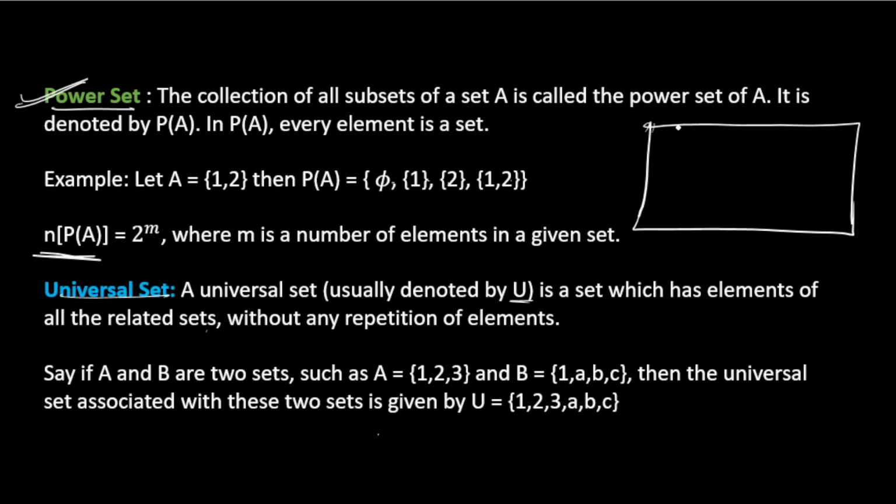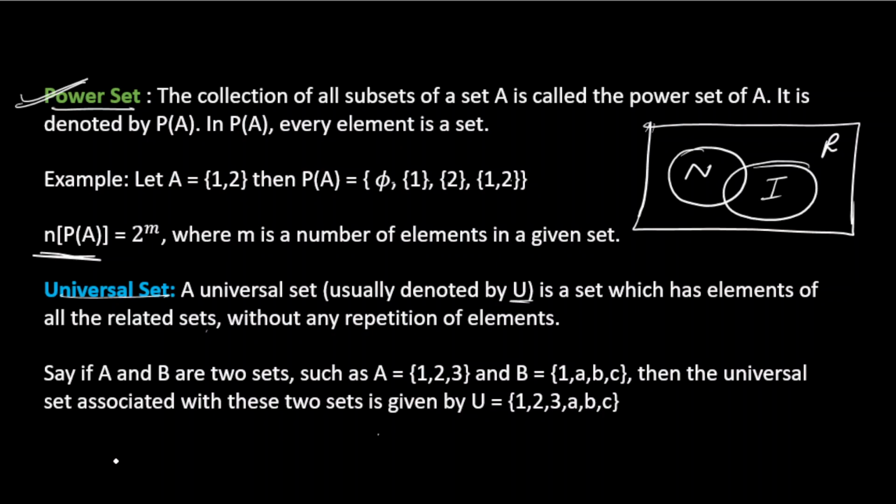Suppose this is one set, and this set is the set of real numbers. Here I am taking another set. Suppose this set is the set of natural numbers. Again I am taking another set, and the set I am taking from this one, let's say integers.